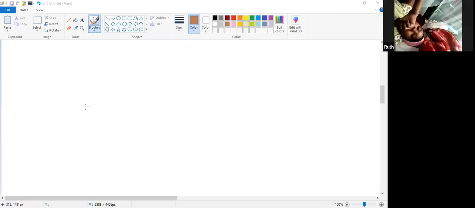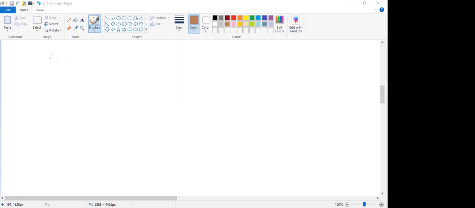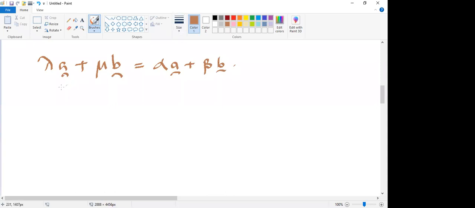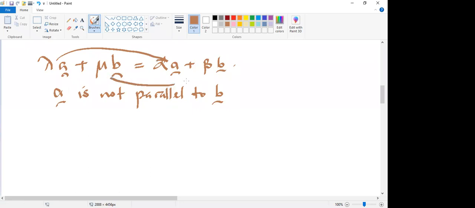Okay, then I can say we wrote it as, if I have, that time I used the lambda, lambda A plus mu B equal to alpha A plus beta B. If those two vectors are equal, and yet vector A is not parallel to vector B, it is B, not C. If the first statement, lambda A plus mu B is equal to alpha A plus beta B, and yet the vectors A and B are not parallel, then it goes without mention that these two are equal, and likewise, those two are equal.